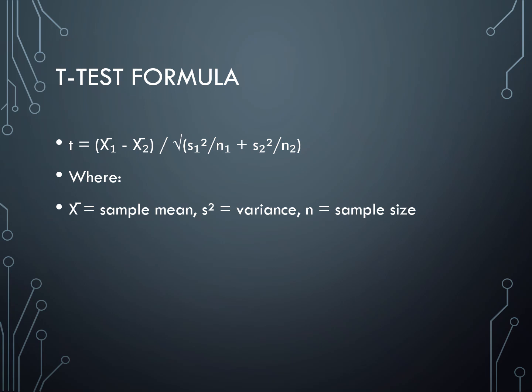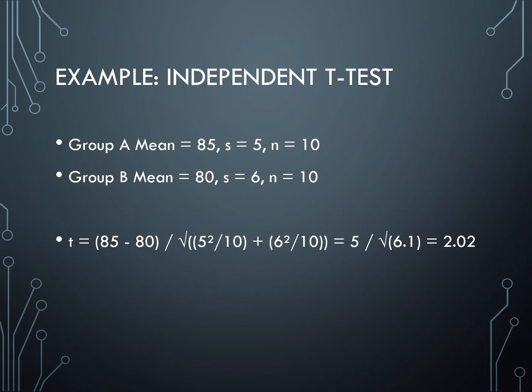Group B: mean equals 80, s equals 6, and n equals 10. So t equals 85 minus 80 divided by square root of 25 divided by 10 plus 36 divided by 10, equals 5 divided by square root of 6.1, that is 2.02. We then compare this t value with a critical t value from statistical tables based on degrees of freedom. This is the solution of the given example.